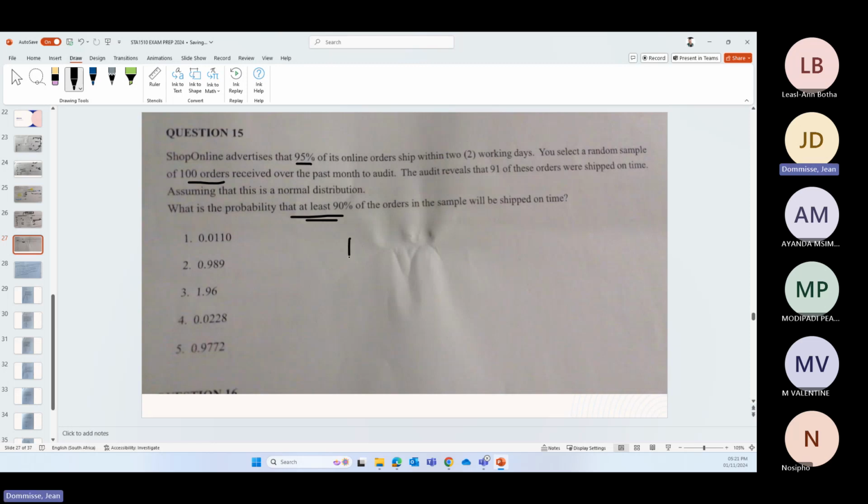Okay, so the probability at least, so now I need to think again, at least means you need to go from, say, at least 90%, so that's the minimum. So at least 90%, or 91, 92, 93. So it is Z more than, so at least 90%. So that's the minimum it can be.